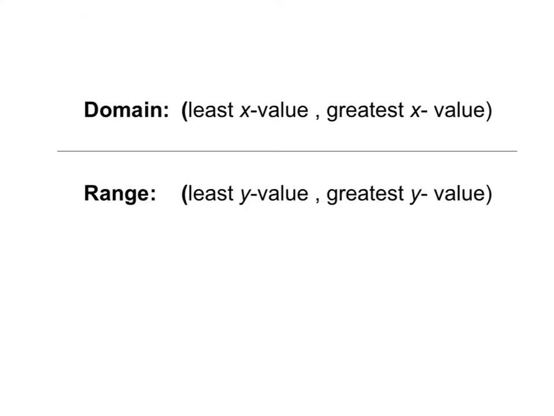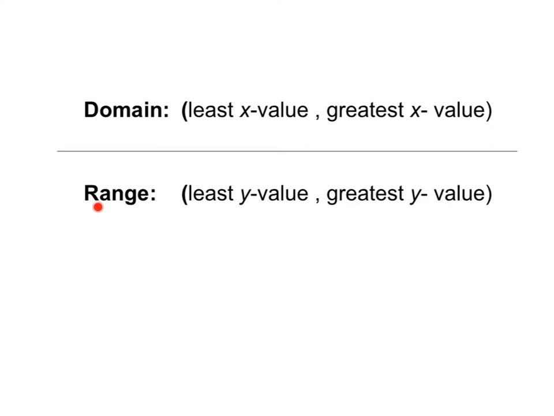One of the things that you're going to be asked to do is to look at a graph and identify the domain and the range from a graph. The way we write the domain and the range from a graph is that you're going to write it as kind of like an ordered pair, where the least x value would be on the left and the greatest x value is going to be on the right.